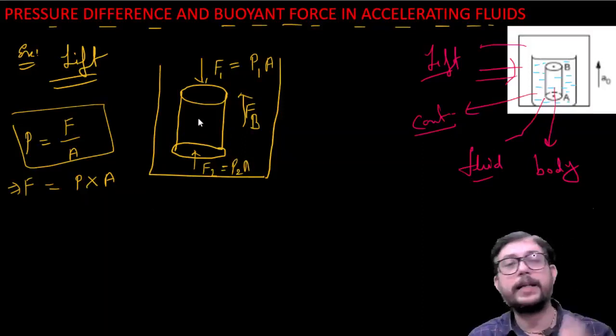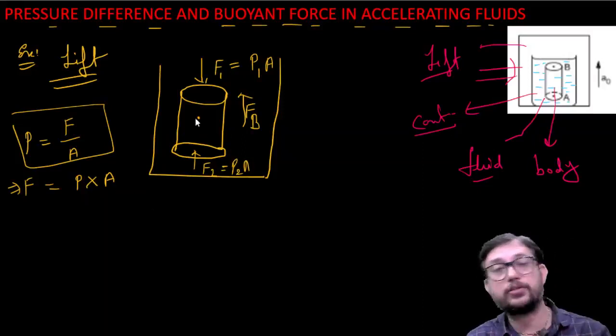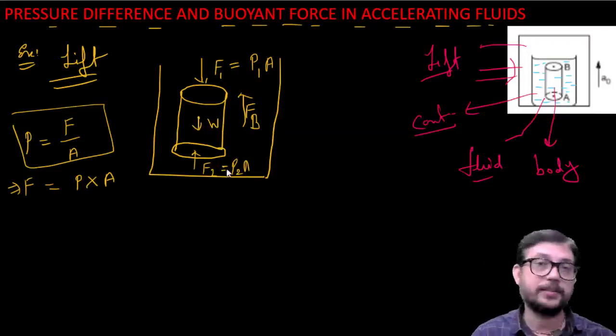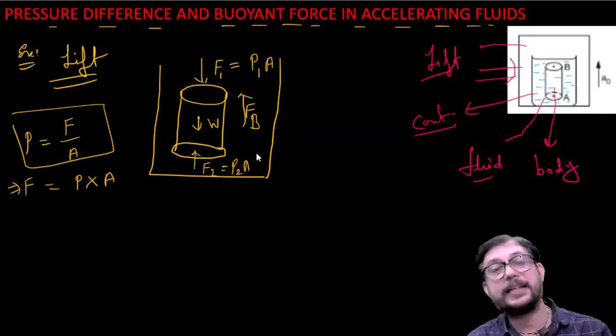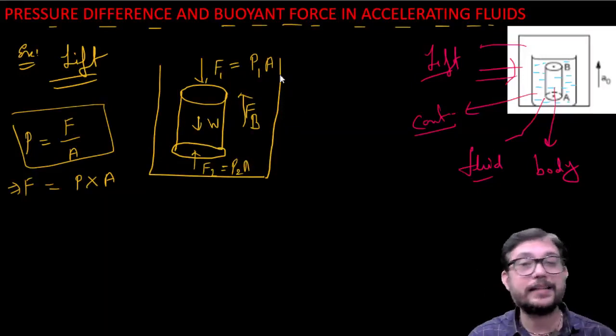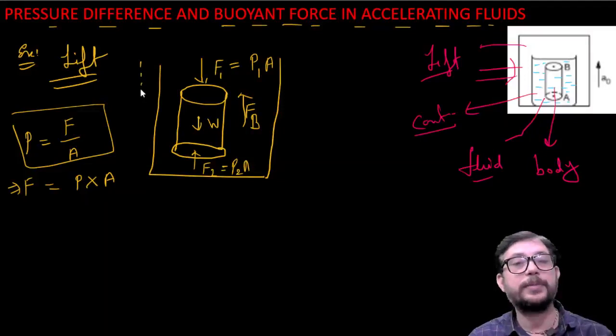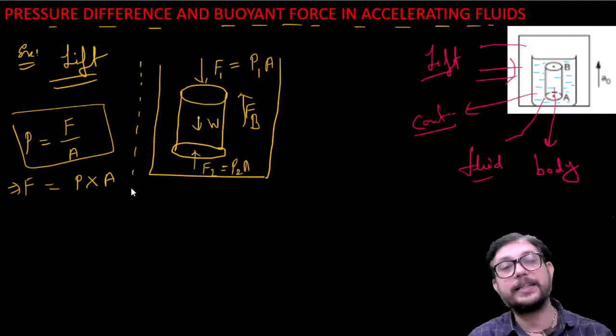Now, we know that if it is a body, there must be a weight of the body, that is capital W. And as I already told you, the container is inside a lift. Let the dotted line represent the lift, as you can see in your main diagram.